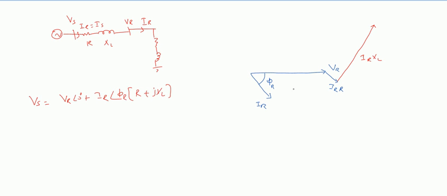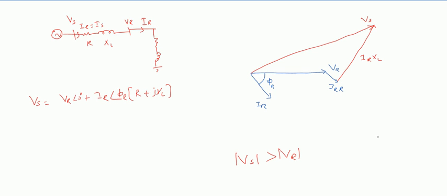So I have to add all these, joining to the tip of this red phasor. This will give me the sending end voltage. Here you can simply see that the Vs magnitude is greater than Vr.